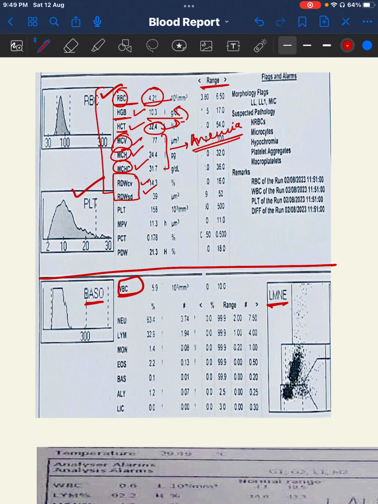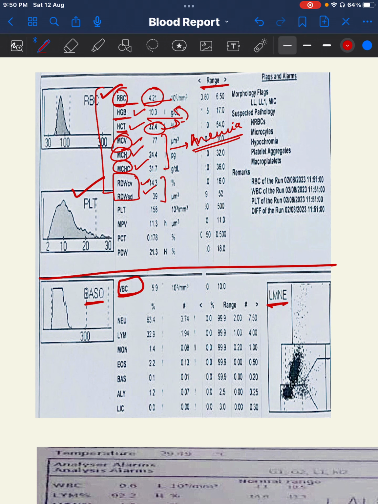So I have certain criteria based on which I will decide whether the patient is having microcytic anemia, macrocytic anemia, normocytic anemia, whatever it is. So this is again a very extended class. I will talk about this topic in some other class, but I'm just telling you what all our report will tell you. Okay.